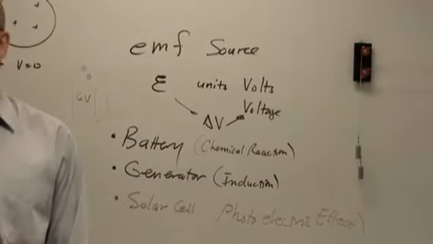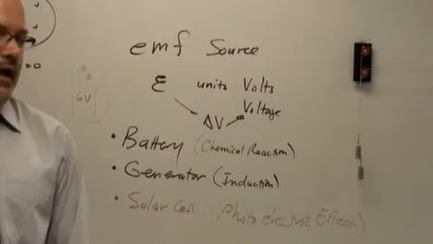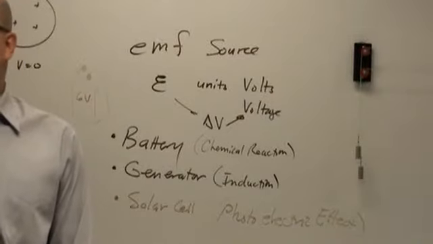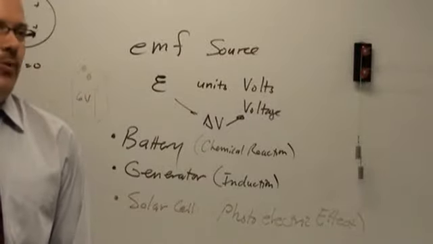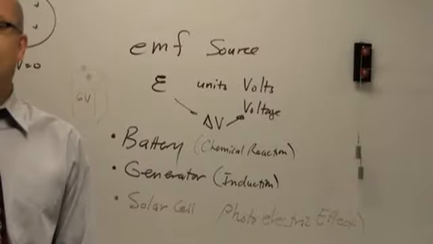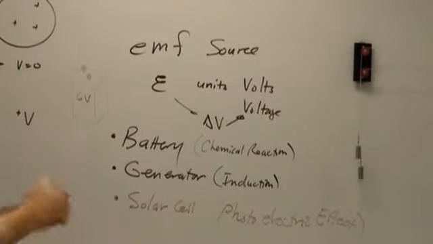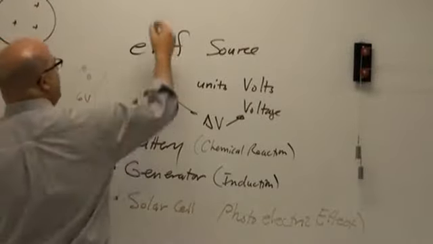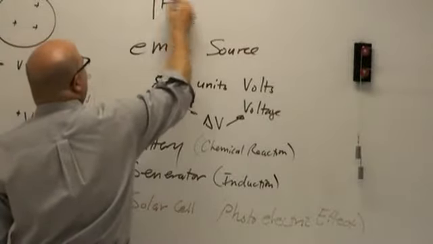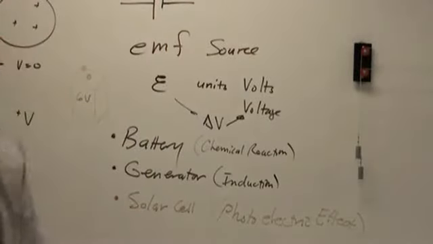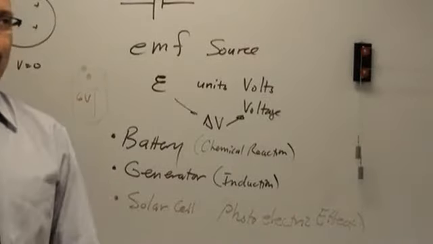Now, when we draw one of these in a circuit, we don't really care which one it is at this point. When you get farther into electronics, it may make a difference. But for us, all of these are going to be that symbol right there. A battery symbol.